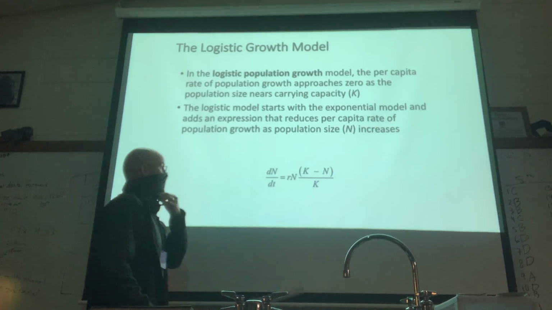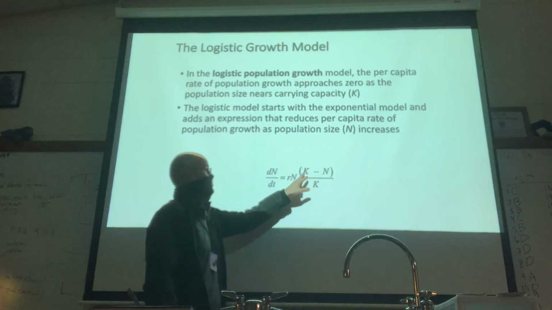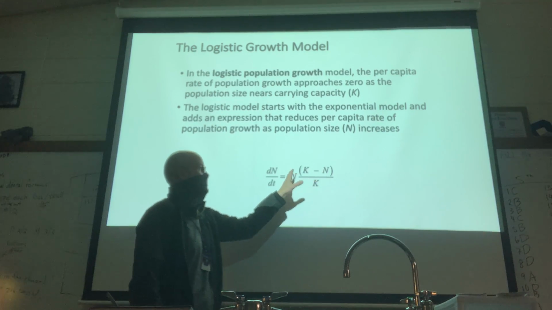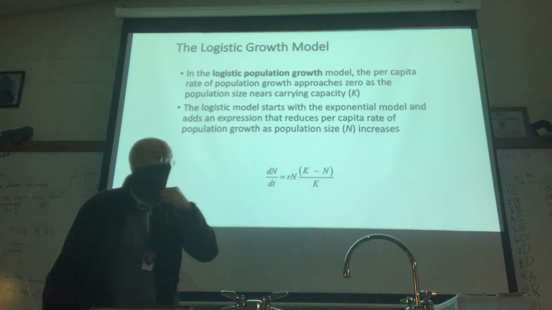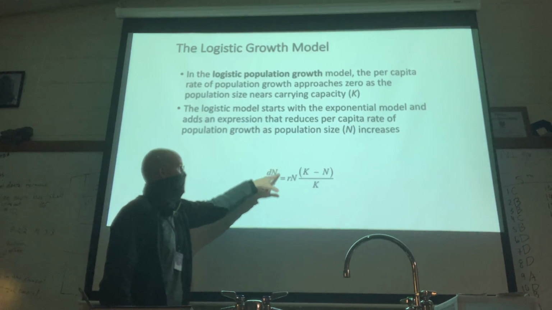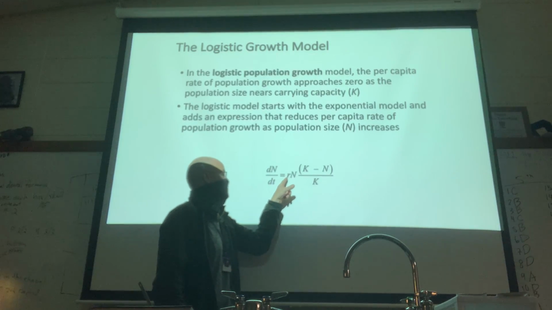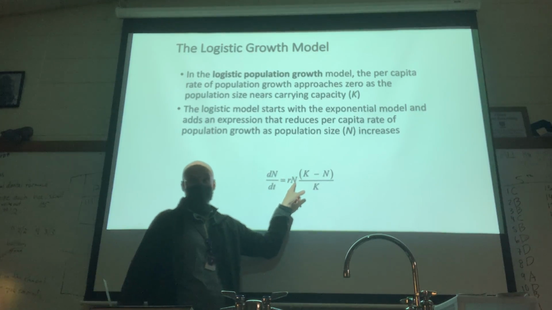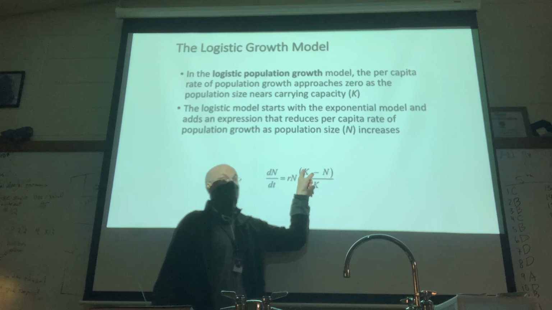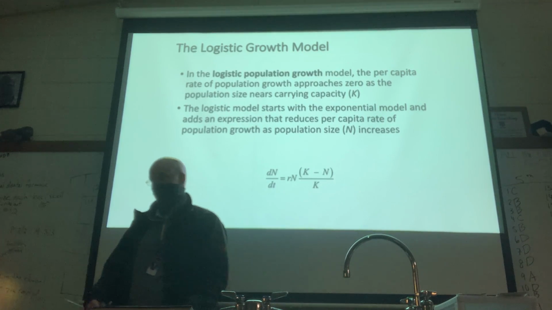Okay, so basically by putting K into this equation, we are going to take into consideration that how fast our population is growing obviously is based on the rate of growth and the current population size, but it's also going to be limited by this carrying capacity.